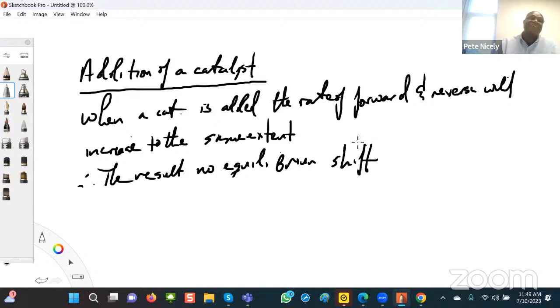There'll be no shifting of the equilibrium position to the left or right. Basically, both reactions will just proceed at a faster rate, but the concentrations of the different components would still remain the same. So that's what happens when a catalyst is added to a system which is already in equilibrium. All right. So that's the easiest one. That's pretty much all we can say about that.